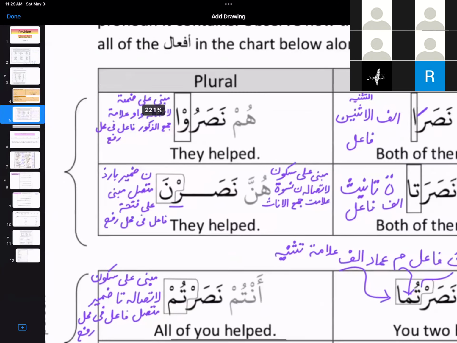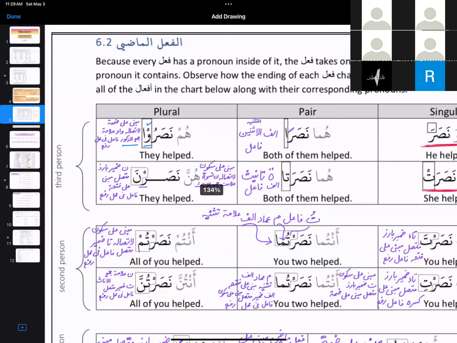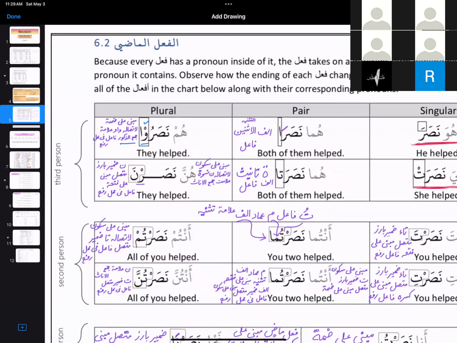It says over here I wrote, this is mabni ala damma li ittisali wawul jama, that is even harder, right? So it is attached with wawul jama. And this wawul jama is jama' dhakar, meaning this is masculine. And fa'il is fi mahalli rafa. You can say it that way too, but I find it a little harder.